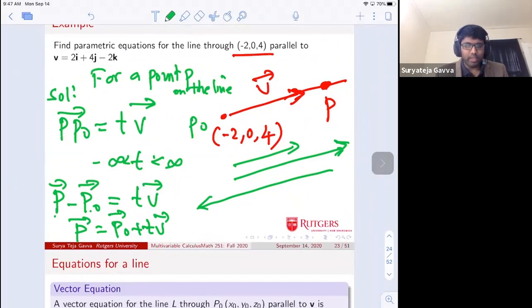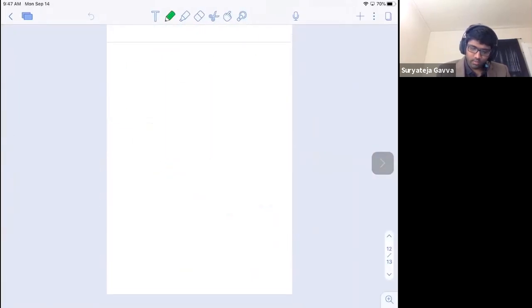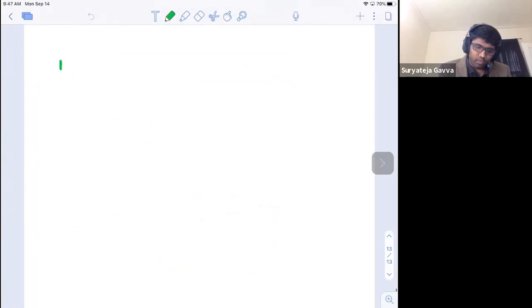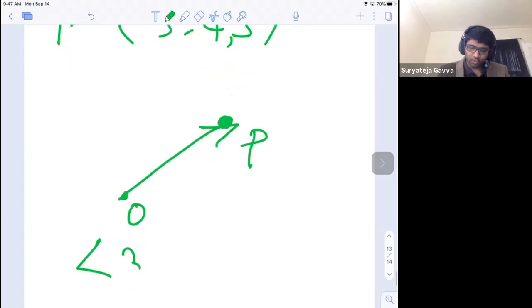You can think of P also as the vector from 0 to P. Say P was 3, 4, 5. You can think of it as a point, or you can think of the vector from 0 to P, which has coordinates 3, 4, 5.